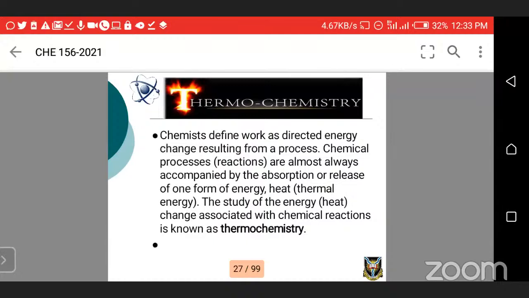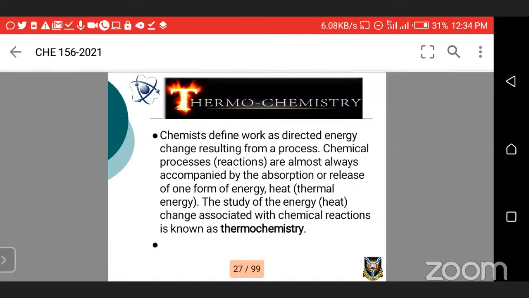Now let's look at thermochemistry. This is talking about the chemical energy changes in chemical reactions. Chemists define work as directed energy change resulting from a process. Our chemical reactions are always accompanied by either absorption or release of one form of energy.